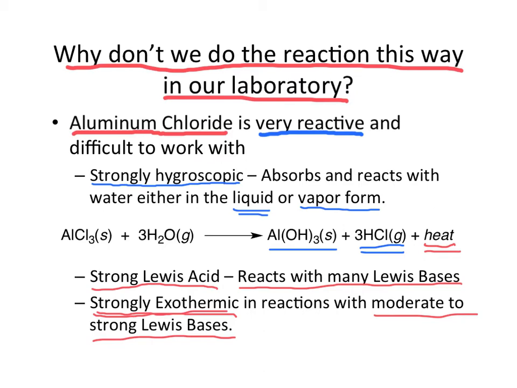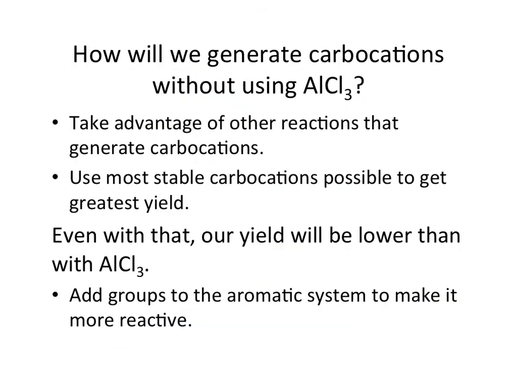So we need another way of doing this reaction. So how will we generate carbocations without using aluminum chloride? Well, we've done that in the past. So we will take advantage of other reactions that generate carbocations. Now, these reactions will by nature be less efficient than using aluminum chloride.